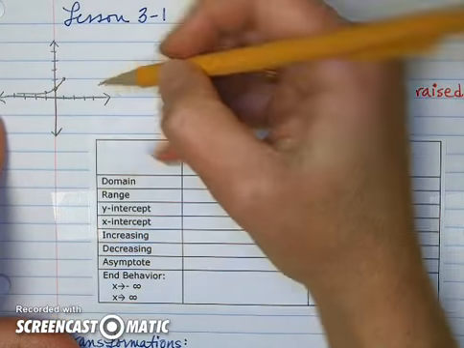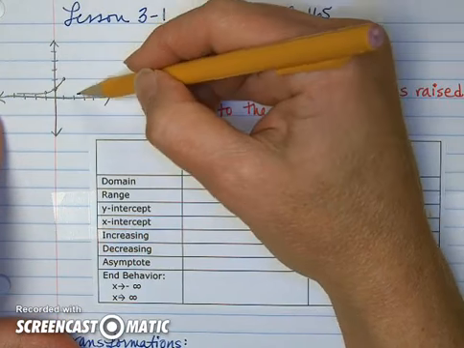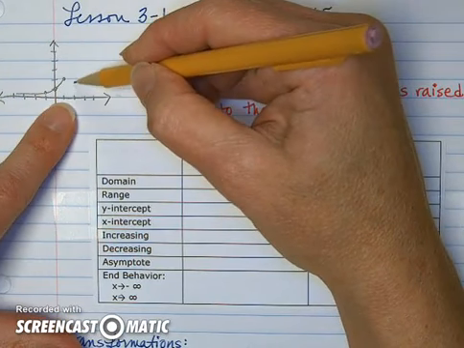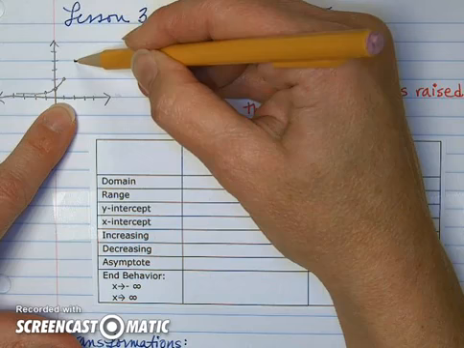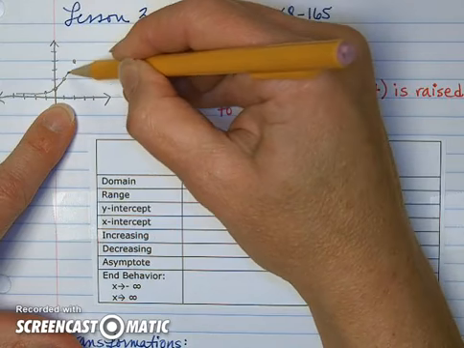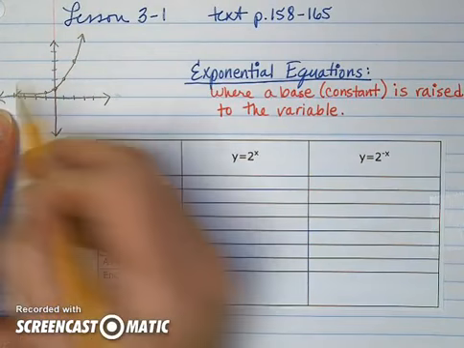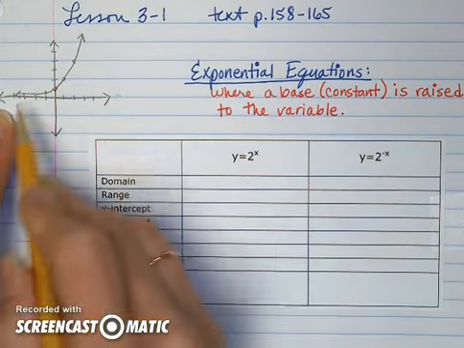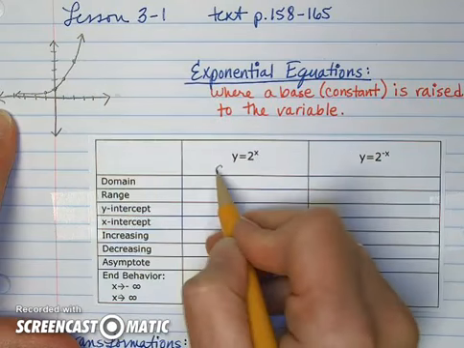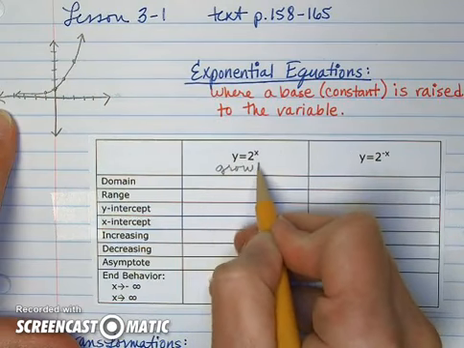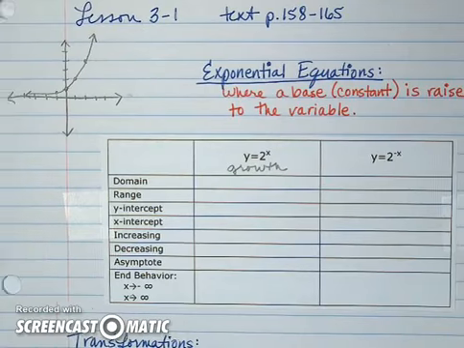If we let x be 2, then I'm at 4. There we go. So we are going to graph that, and that is actually a growth. You see how it's increasing? That is a growth equation. And we're going to highlight that one blue.